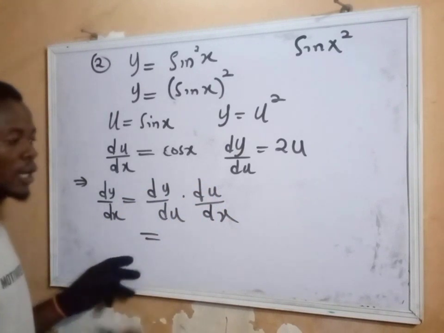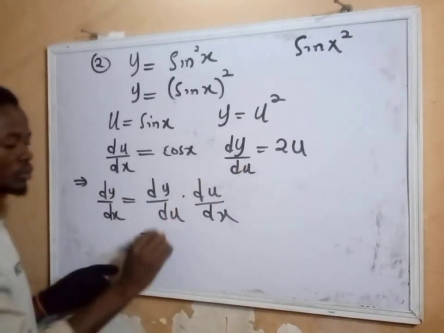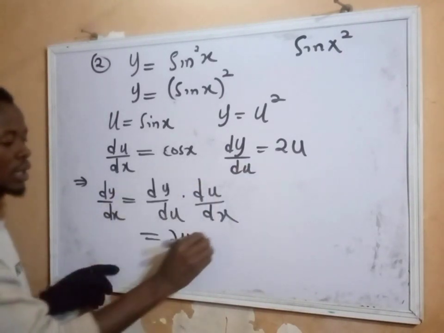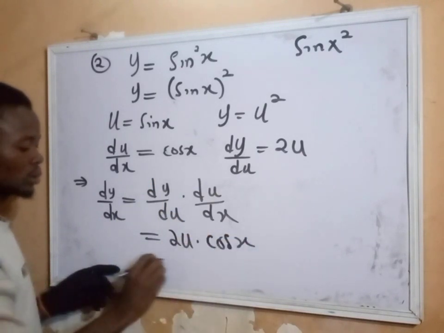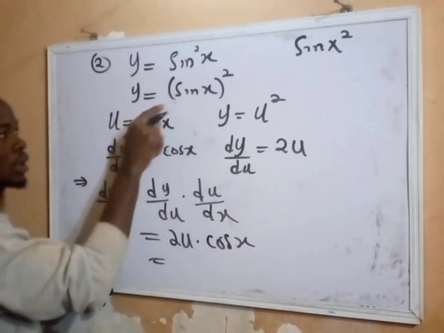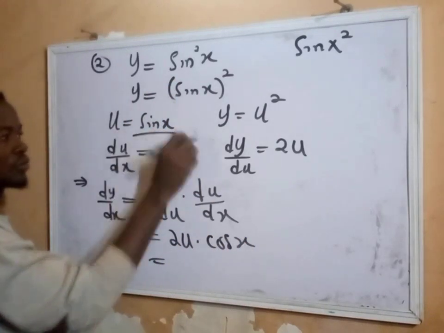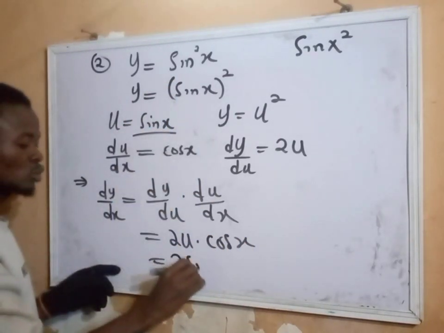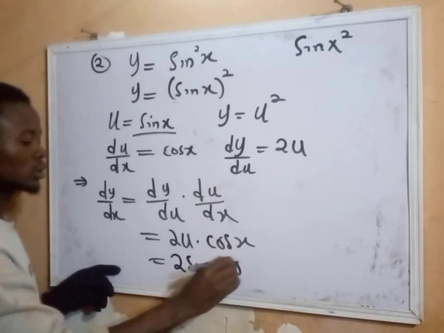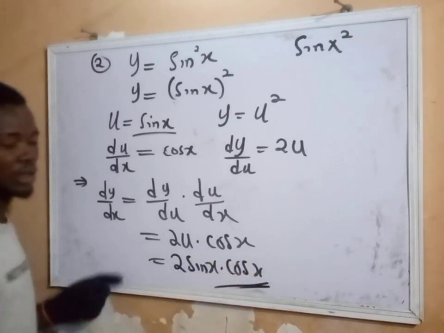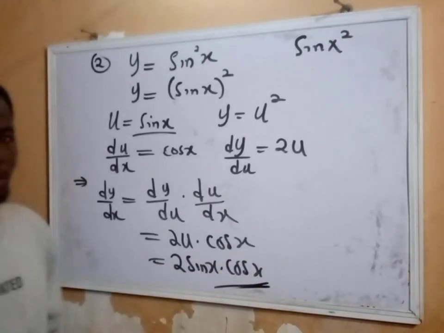So substituting, dy du is 2u dot du dx, that is cos x. But u here is sine of x. Then we are going to have 2 sine x dot cos x. If you like, you can take out the dot and you will still get the same thing.